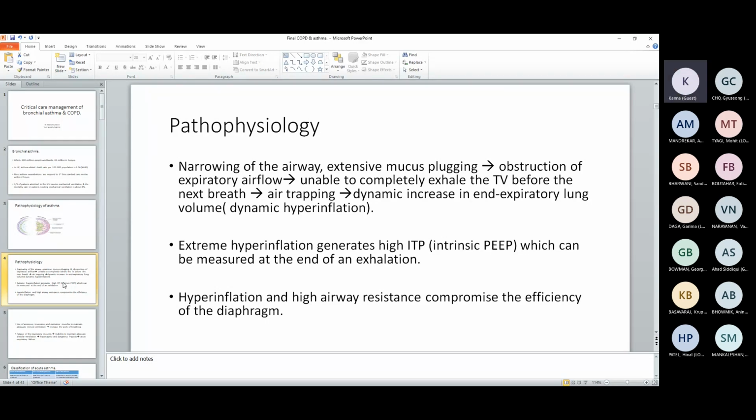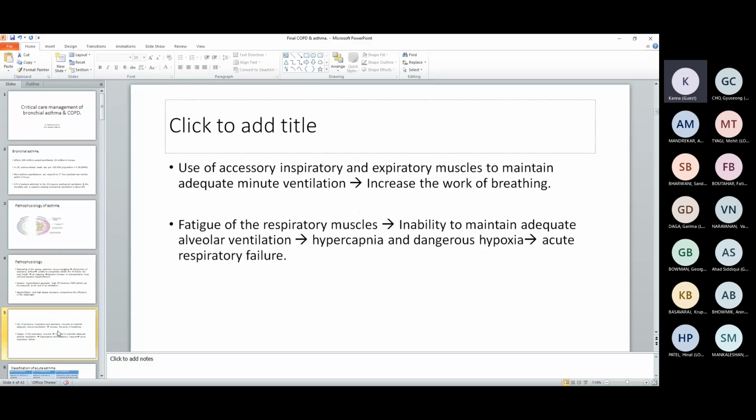So both hyperinflation of the chest and the increased airway resistance can compromise the diaphragmatic movement. At this stage, the patient normally compensates by using the accessory muscles of inspiration and expiration to maintain the minute ventilation.